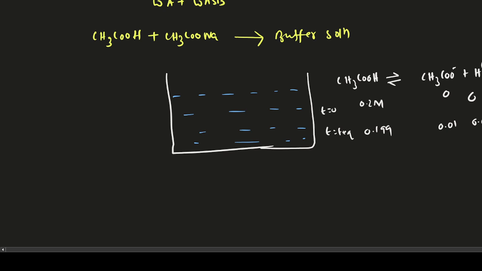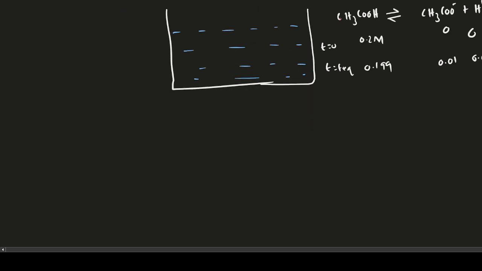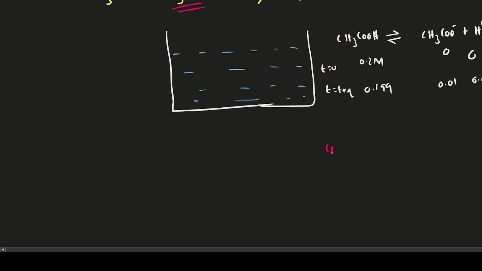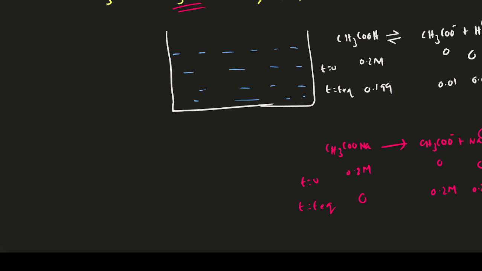Similarly, we have another component. This is a strong electrolyte, so it will completely dissociate: CH3COONa gives CH3COO minus plus Na plus. At t equal to 0, let's say this is also 0.2 molar, and at equilibrium it is completely dissociated.